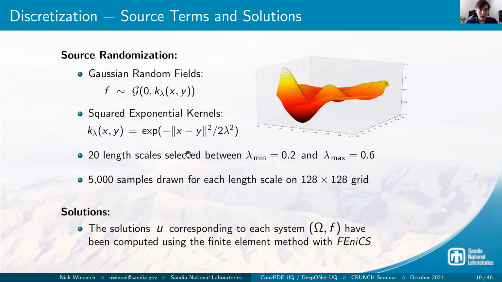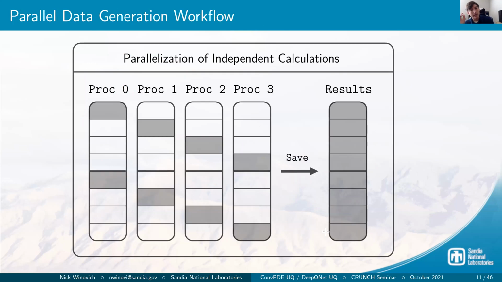After we have the source, we generate our solutions, and to do this, we use Phoenix. One of the things I want to emphasize about this is it's really easy to parallelize. It's trivial, because all of these problems are independent. We can compute one problem on one processor and then another, and then gather our results by saving them and potentially compress that at the end.